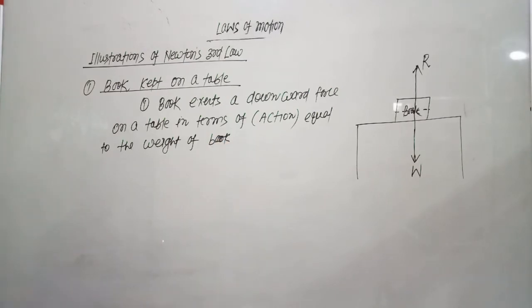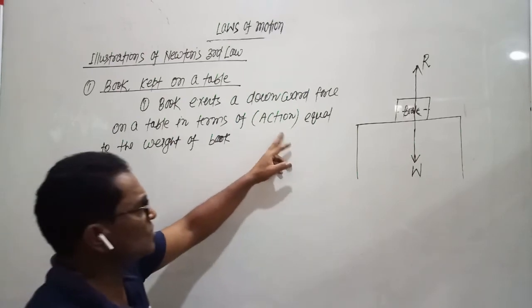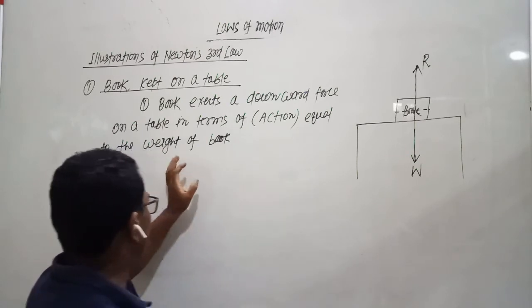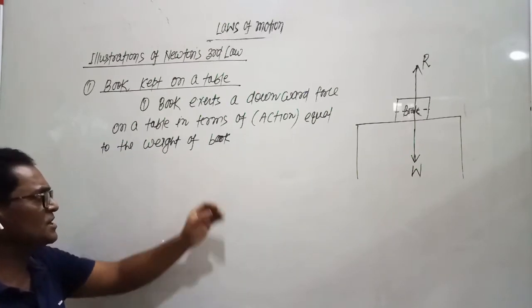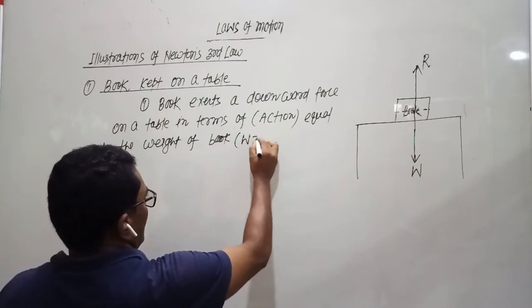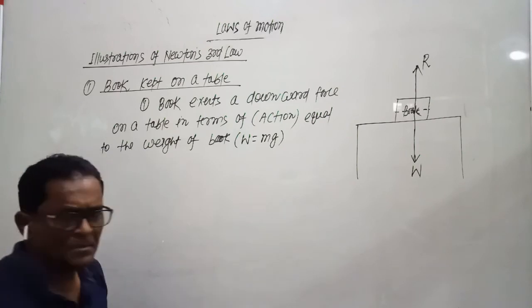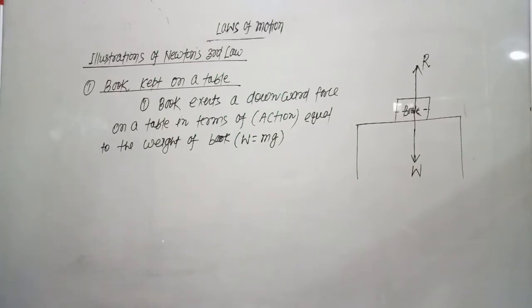The force exerted on the table by the book is called the force of action, and this action force is equal to the weight of the book W, and W equals m into g, mass into acceleration due to gravity.